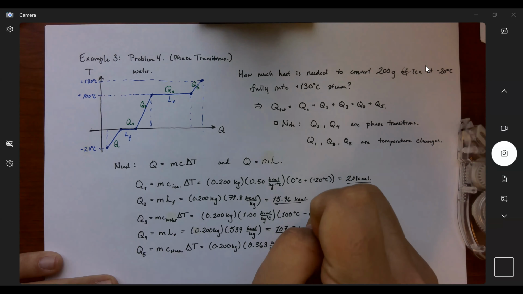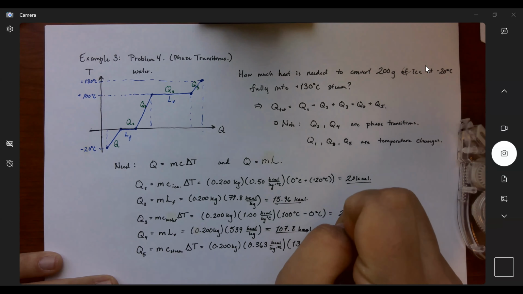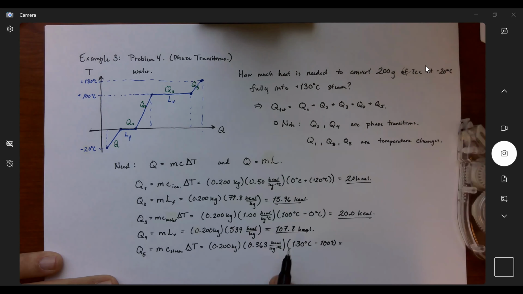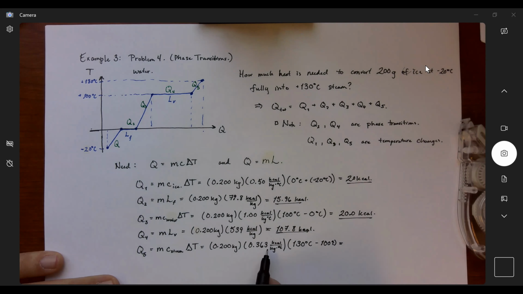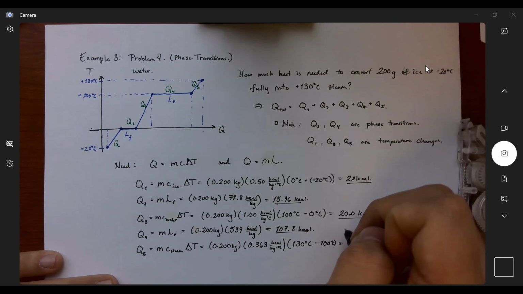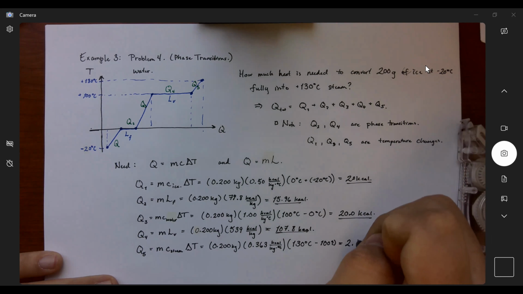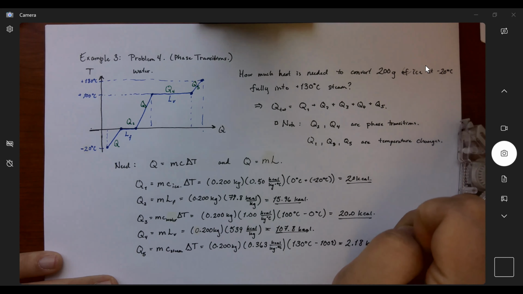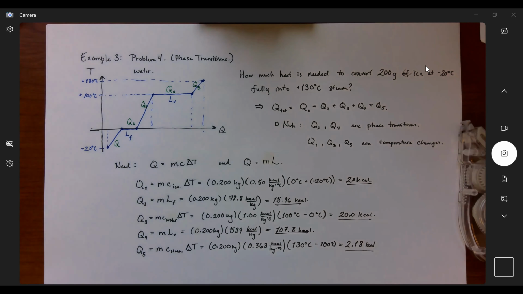Our temperature difference is 130 minus 100 degrees Celsius, and so that gives me 30 degrees times this, and that gives me 2.18 kilocalories for that.